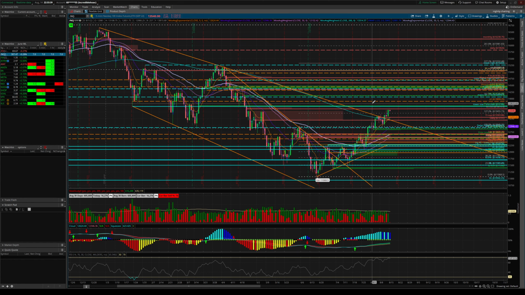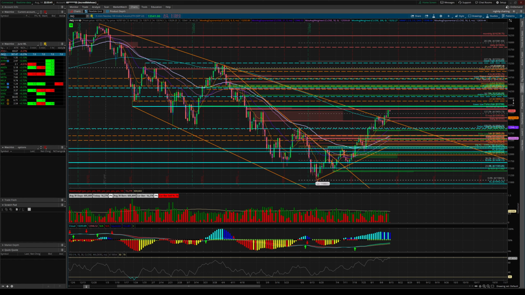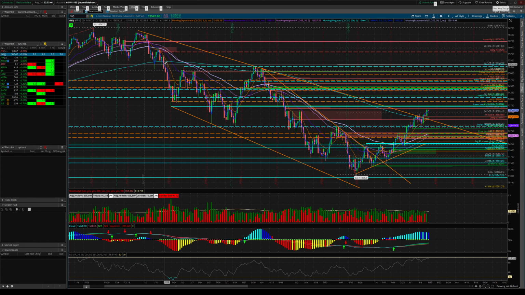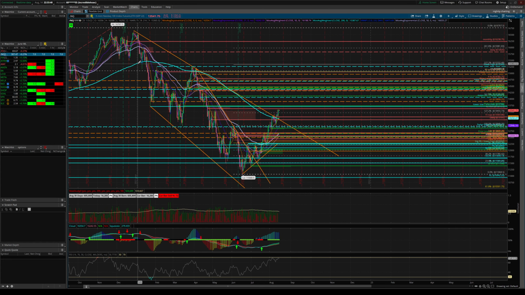I do want to point out that we are breaking out of this downtrend, right? Ever since pretty much all-time highs. I know ES just barely broke out, but right here we can see NQ broke out of this upper trend line where we were constantly making a lower high, right?